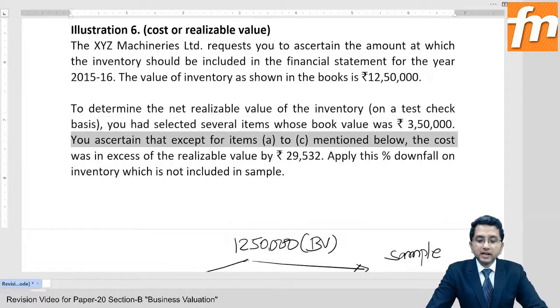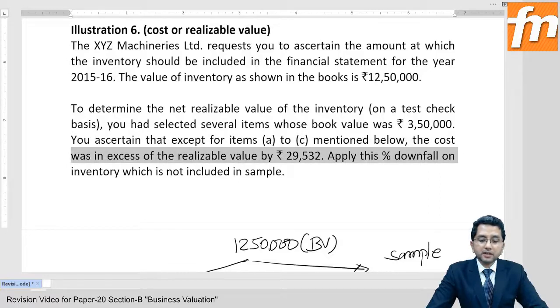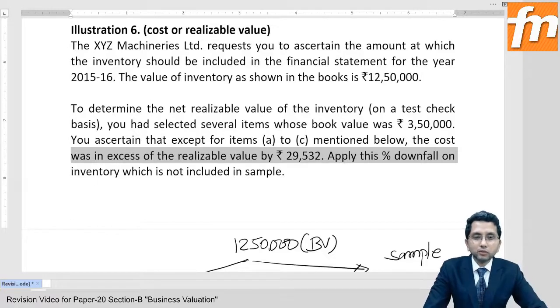You ascertain that except for items A to C mentioned below, the cost was in excess of the realizable value by 29,532, or you can say that realizable value is less than the cost. The difference is roughly 30,000 rupees.